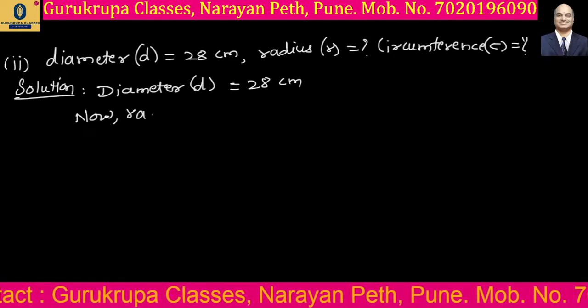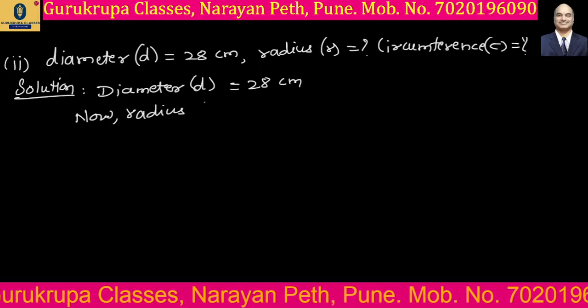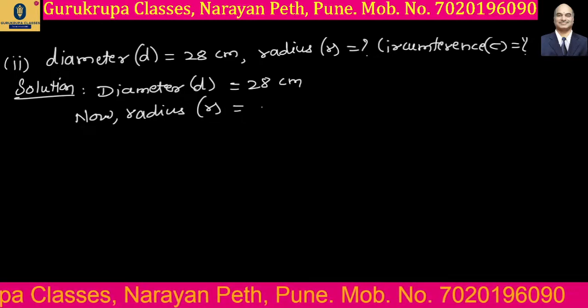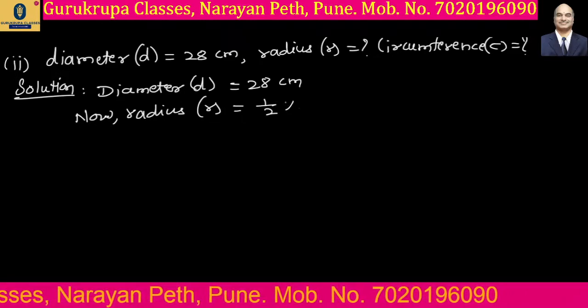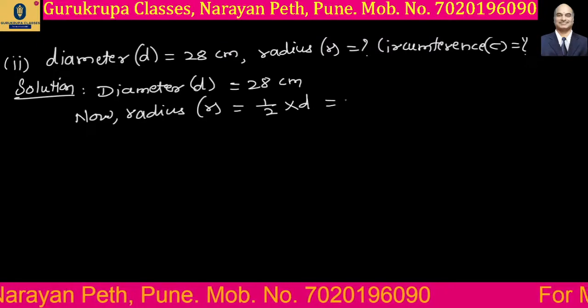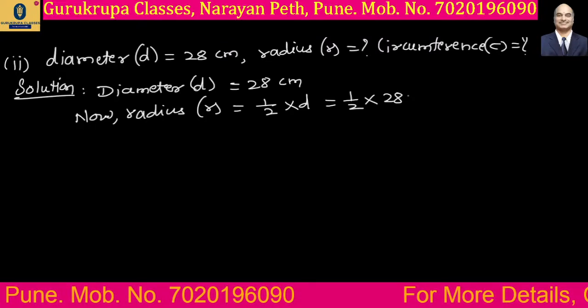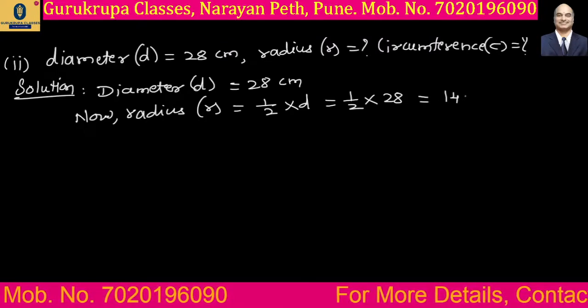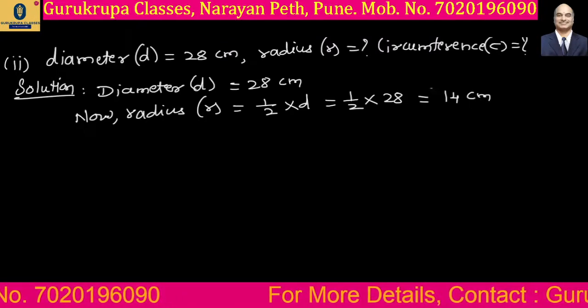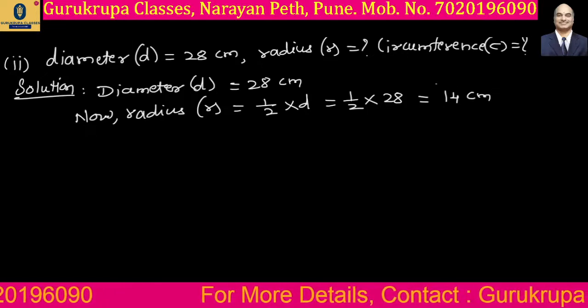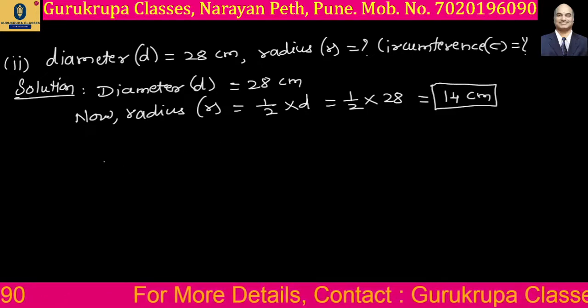Now radius R is half of the diameter. That is half of 28, and half of 28, as we know, is 14. So here we get the radius 14 centimeter.